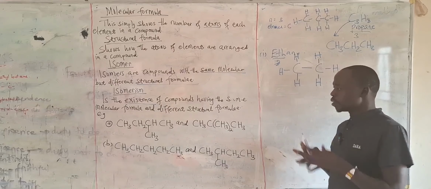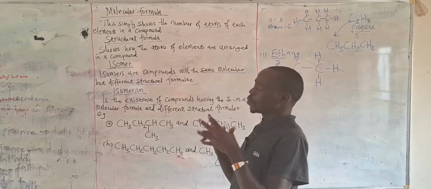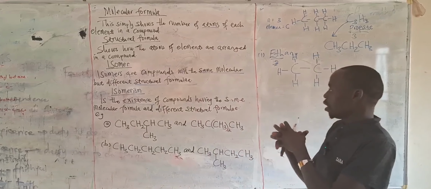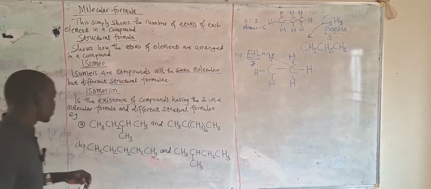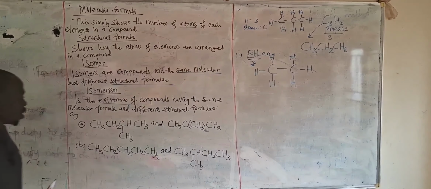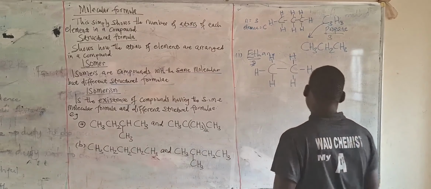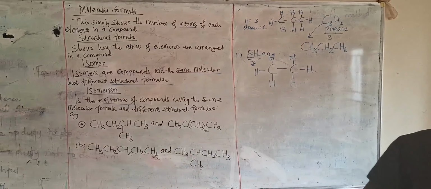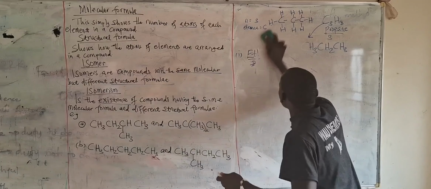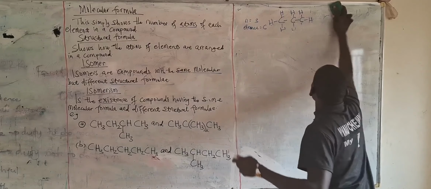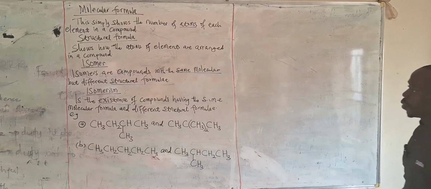But when we say isomerism, it's the existence or the situation where those elements exist in that format. So we have a very good example here: CH3, CH2, C, then CH3, CH3. I'll be in a position to show you how this comes about, and we relate it to what we call isomerism.